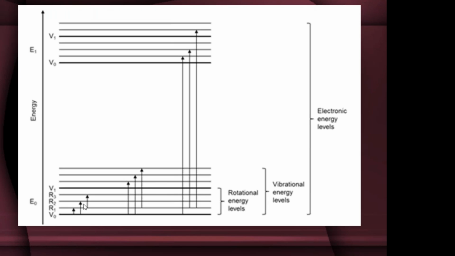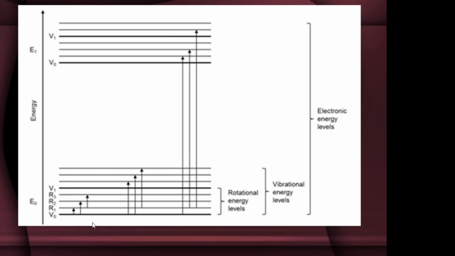So suppose now this is one electronic energy level, E0. It has a number of vibrational levels, V0, V1. Similarly, this is E1, an electronic energy state with a number of vibrational levels V0, V1. You can see V0 has R1, R2, R3. Similarly, V1 also will have R1, R2, R3.